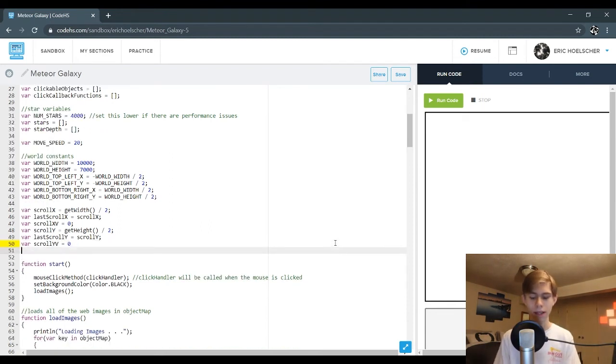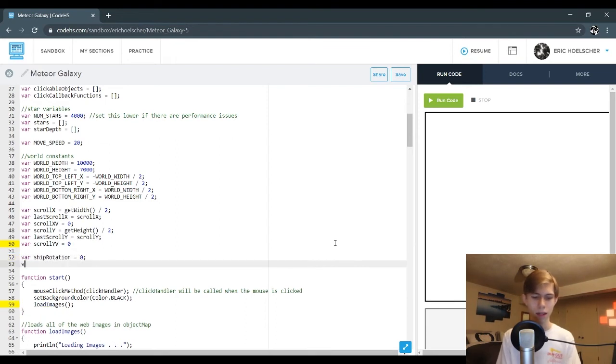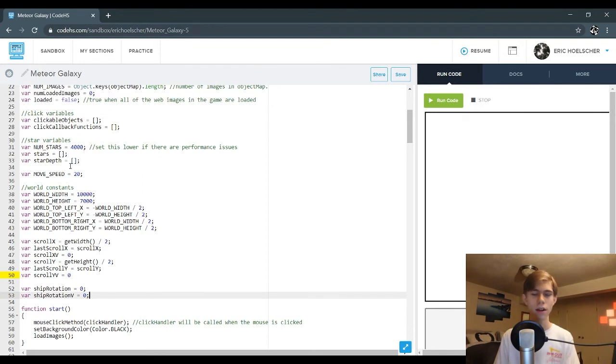The other thing we'll need to add are two variables for holding the ship rotation and rotation velocity. So ship rotation will start out as 0, and then we're going to have ship rotation velocity, and that will also be 0. The next thing I'm going to do is add two constants.